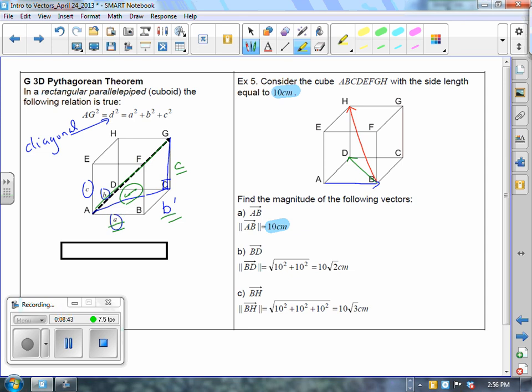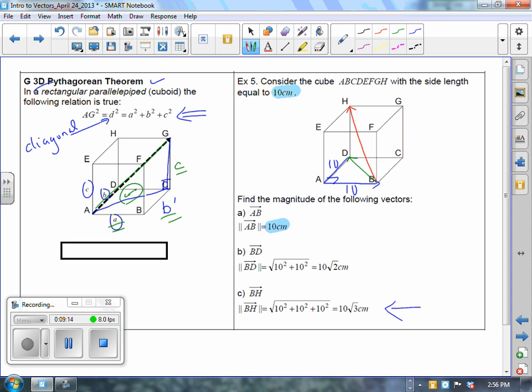Okay. For BD, you can see that you would have to use two side lengths. So we do need to use 10 and 10 in order to calculate in that right angle triangle the magnitude of vector BD. And last but not least, if you were to use the Pythagorean theorem in 3D, that is according to this relationship right here, you're going to end up with the following.